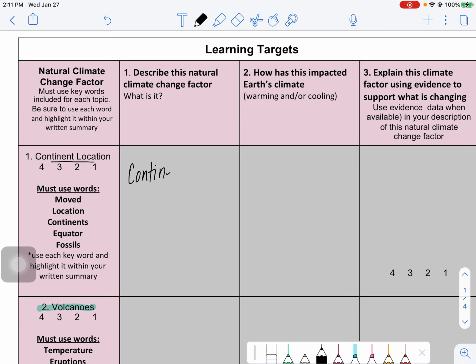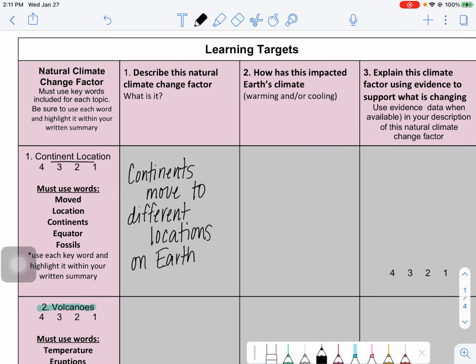Continents, I'm just going to say, move to different locations on Earth. They move, they have moved, and they're still moving today.